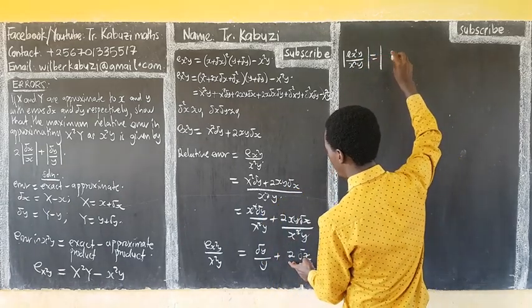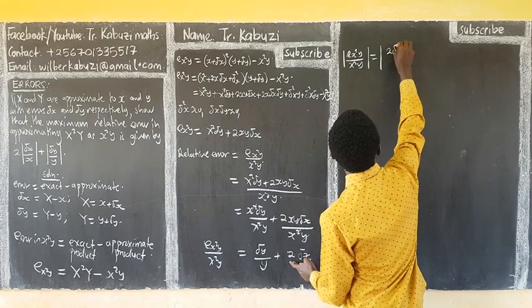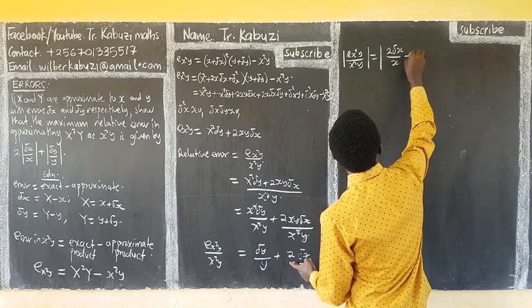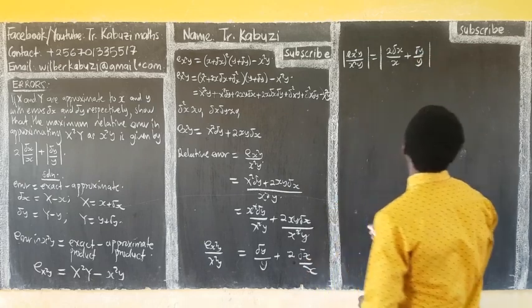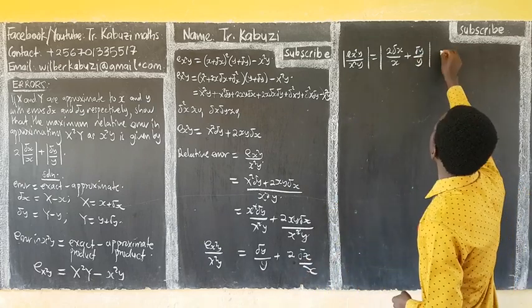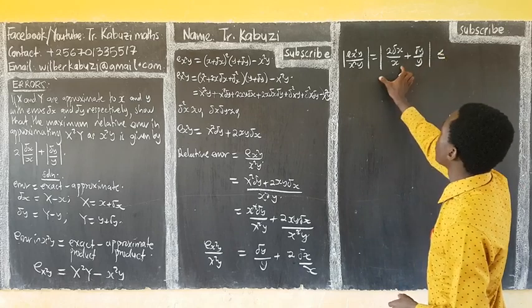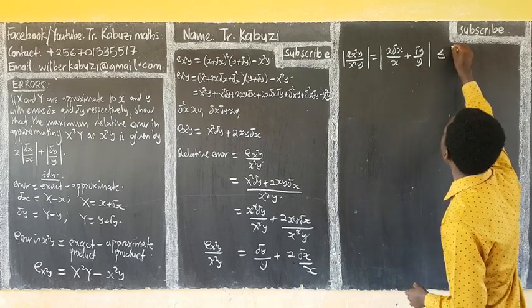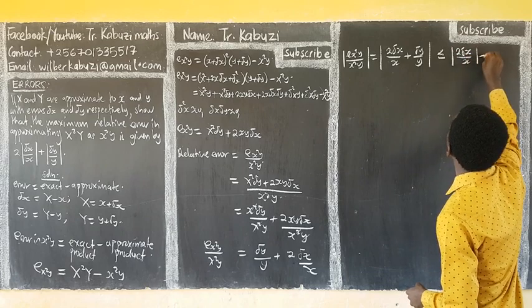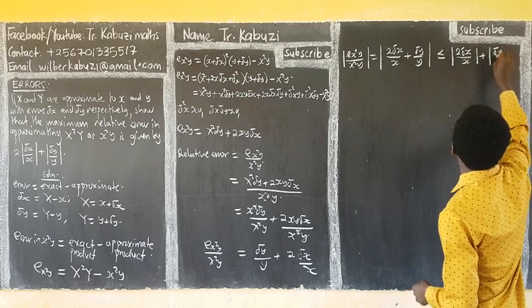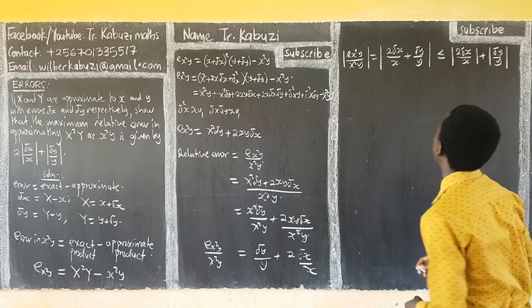Now I will start with this here. Then if we separate, this is going to be 2 delta x over x, plus delta y over y.